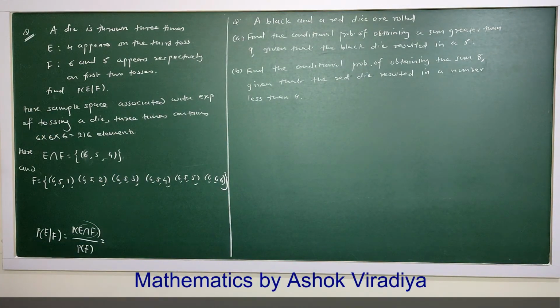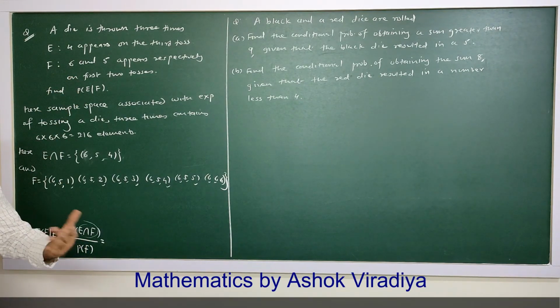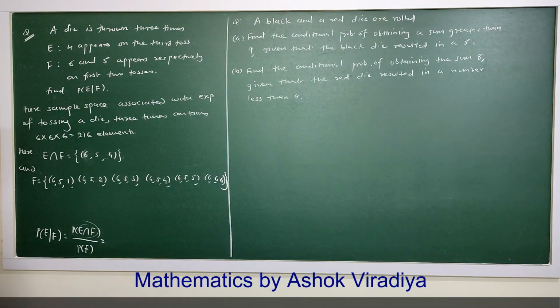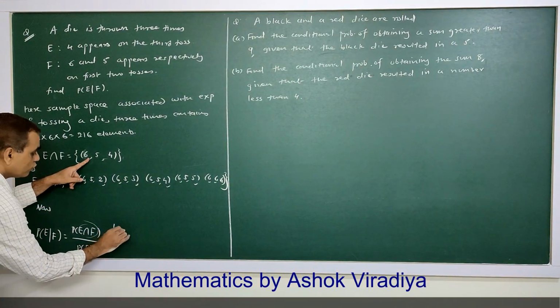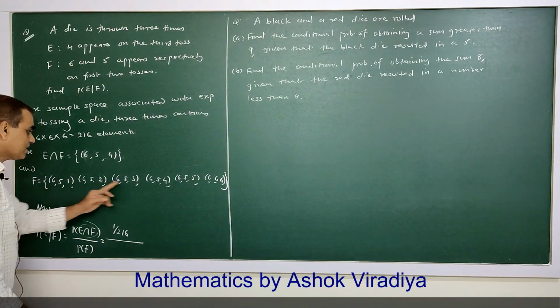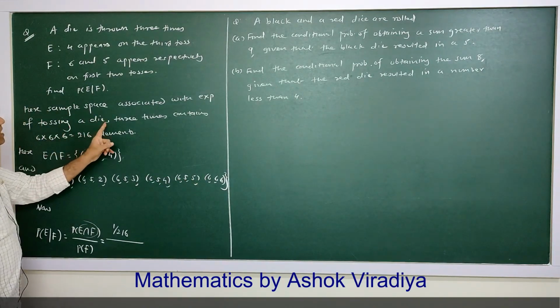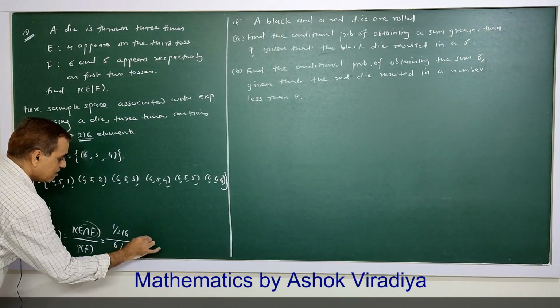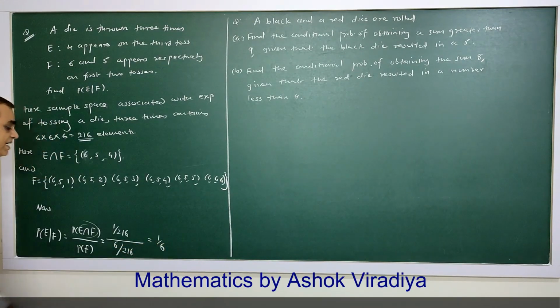So this is event F. There is no condition for the third toss, so we take all possibilities. The required probability is 1 upon 216 divided by 6 upon 216. So the required probability is 1 by 6.